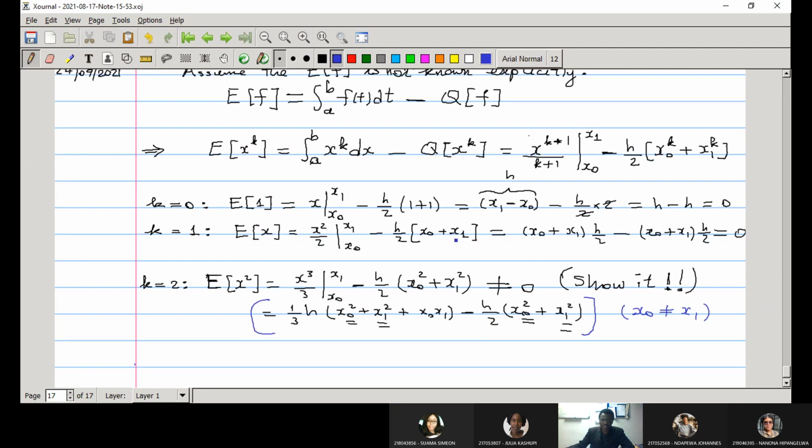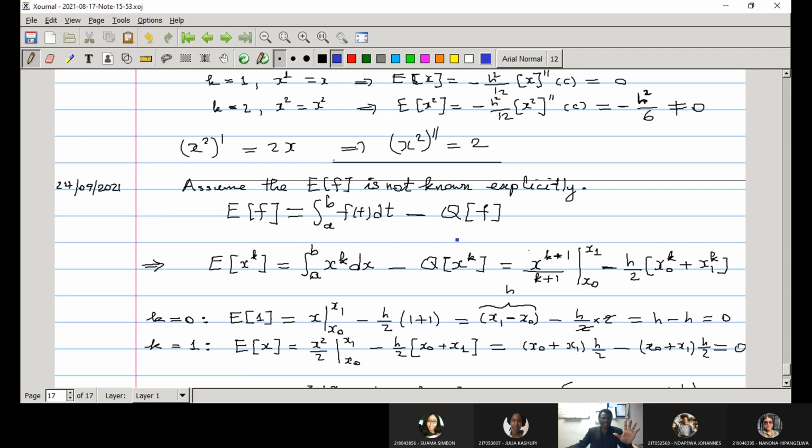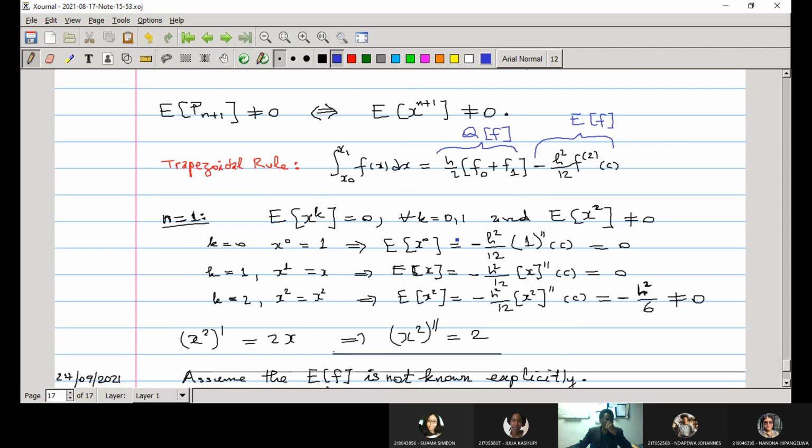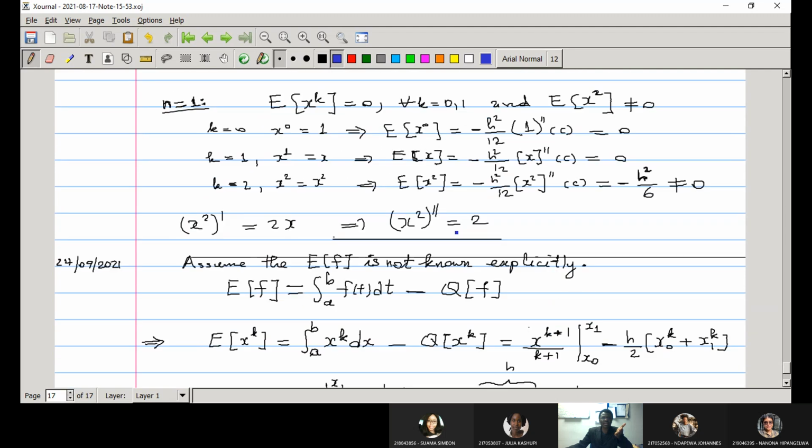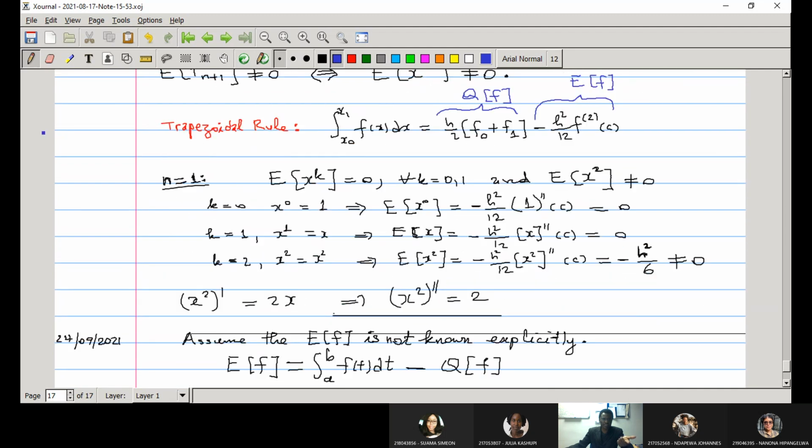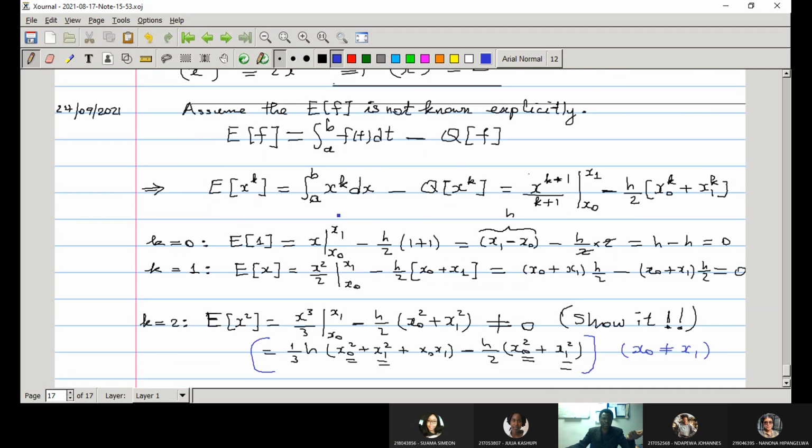Now, what is the next step? Okay, so we are done. If you want to show, as I said, the degree of precision of a quadrature formula, if you know the error term, it's easy. But if you don't know the error term, you proceed this way. You write integral minus the rule, and then you substitute the x to the k when k runs from 0, 1, 2, up to n.